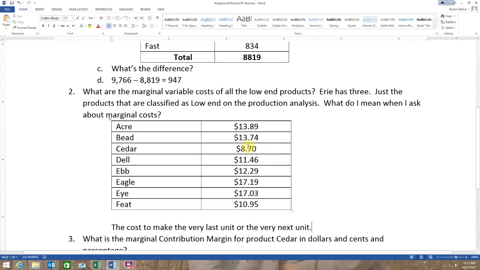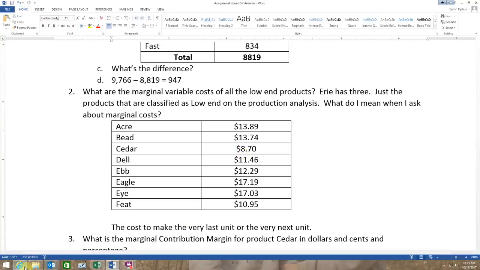I would say that it was not aggressive at all. I've told you guys you should be aggressive, or at least only modestly aggressive, and yet it still has a marginal variable cost that is significantly lower. Feet is the next closest, and it's still 2.25 away.